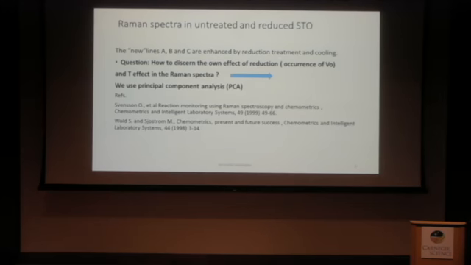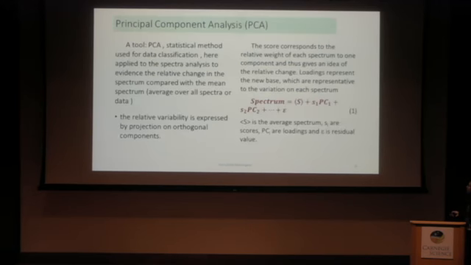The question is how to distinguish the own effect of reduction, that means the occurrence of oxygen vacancies, from the effect of the temperature on the Raman spectrum. For this, we use principal component analysis. It's a statistical method which can provide the relative change of a spectrum compared with the mean spectrum, if you make an average of all spectra or all data.